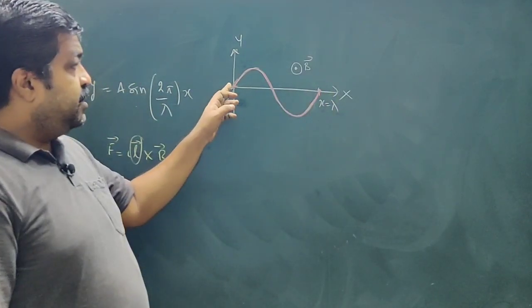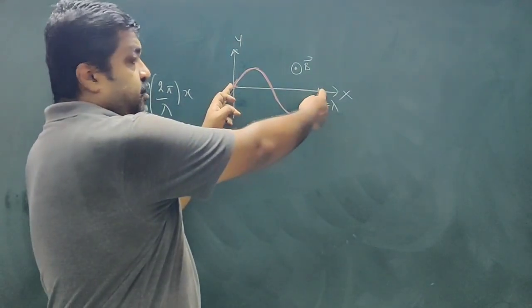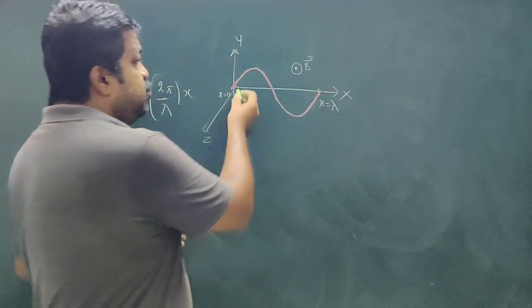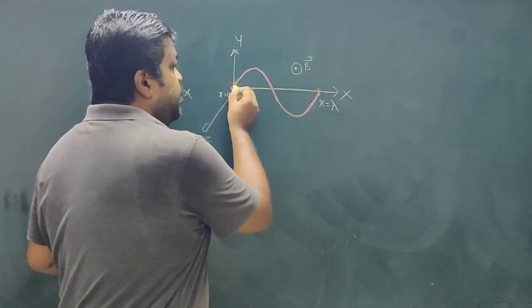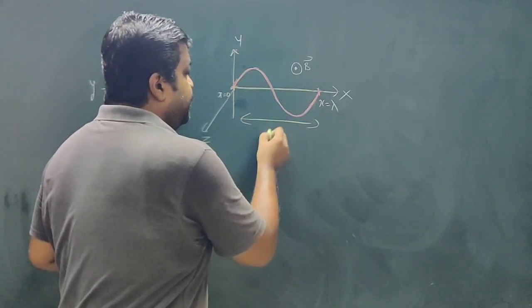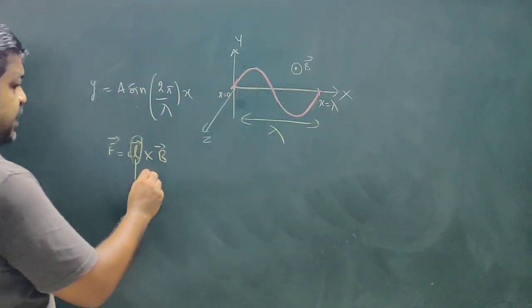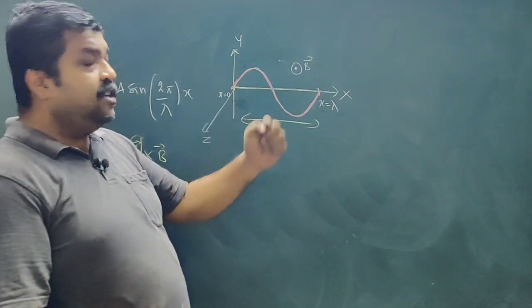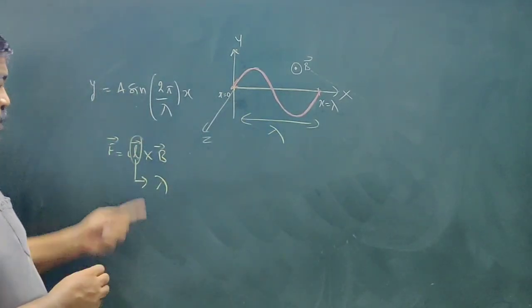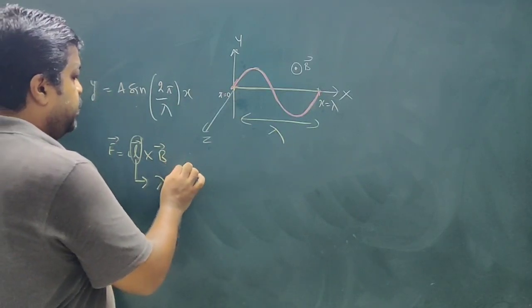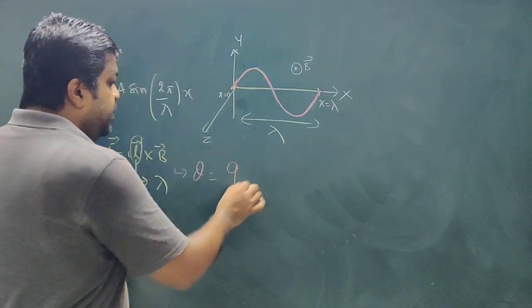So we have to find the force on this portion, which means the distance has to be measured along the shortest path, that is this length. How much is the length from this point to this point? This length is lambda, so this quantity L is lambda. And what is the direction of the magnetic field? It is perpendicular to the plane of the board, so the angle between these two vector quantities is theta equal to 90 degrees.